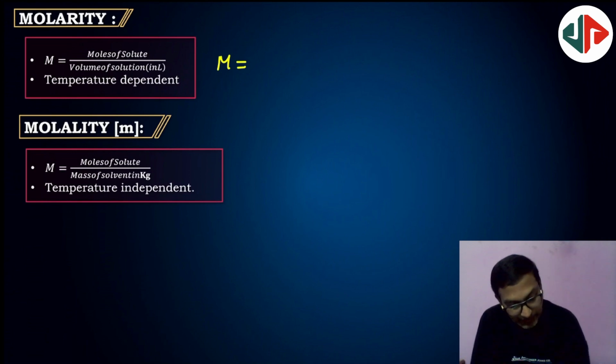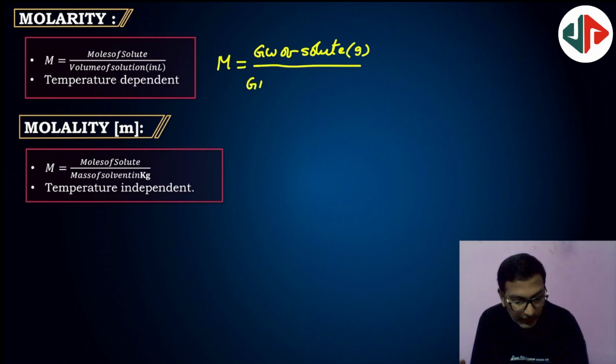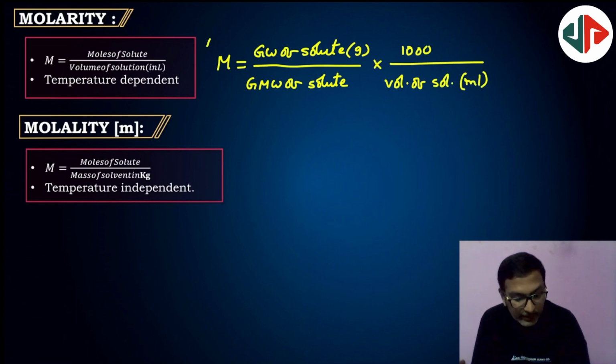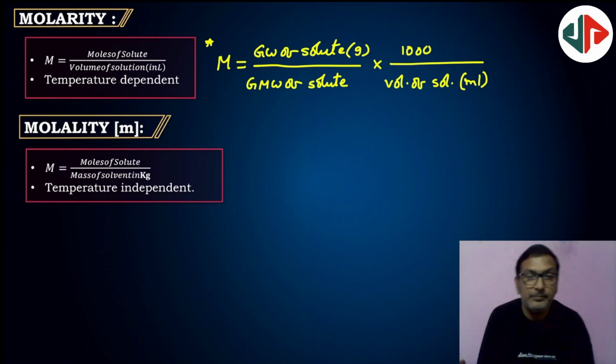That means I will write: given weight of solute in grams by gram molecular weight of solute, into 1000 by volume of solution in ml. This is the complete formula.